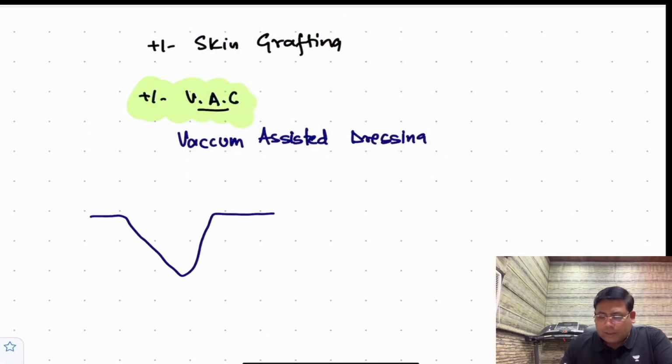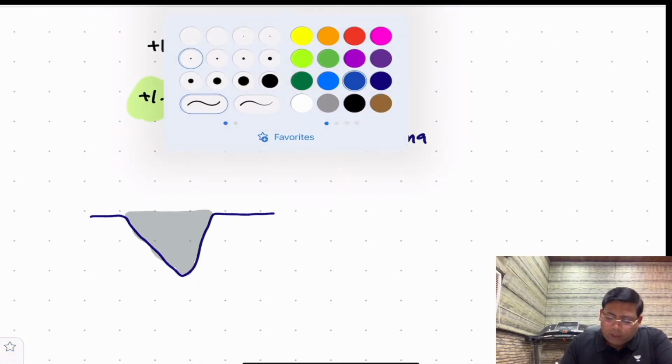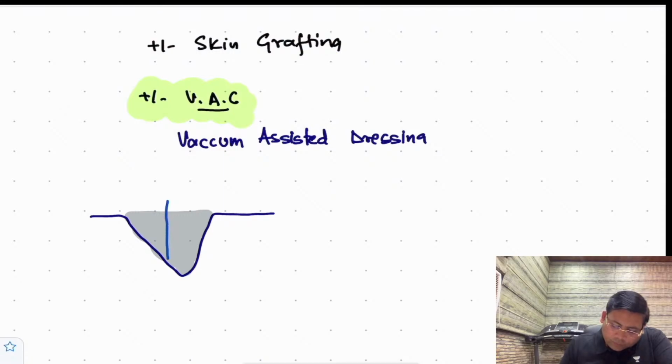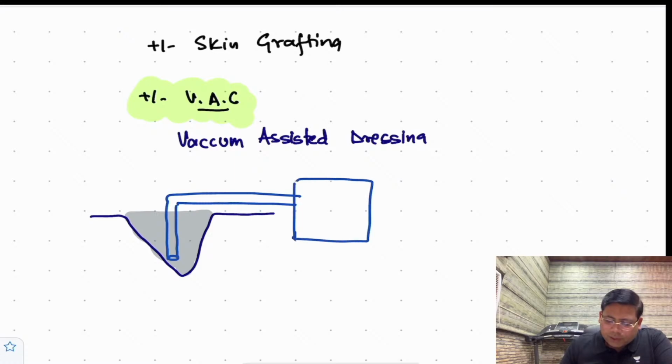Yeah, so there is a foam which is known as carbon, you know, charcoal fiber. This is special foam, and inside this special foam you have a capillary, and this capillary is connected with a machine, and this machine has a chamber, and this is actually having minus 125 mmHg pressure.